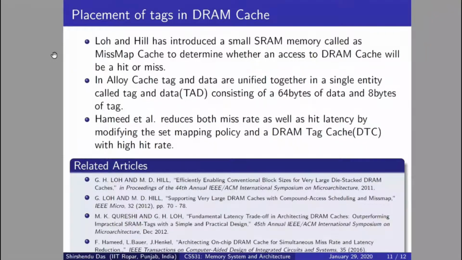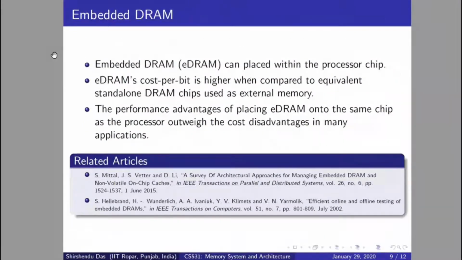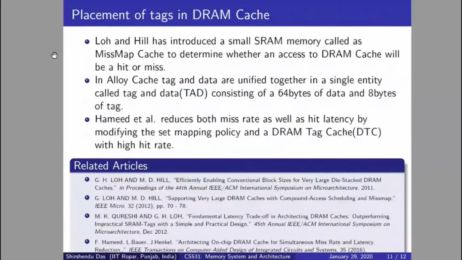Another option is to store the tag along with the DRAM blocks. There are many different combinations possible that we will also discuss. But all these three concepts, that is embedded DRAM, DRAM as a last level cache, and the challenges of using DRAM as last level cache, will be discussed in separate lectures.